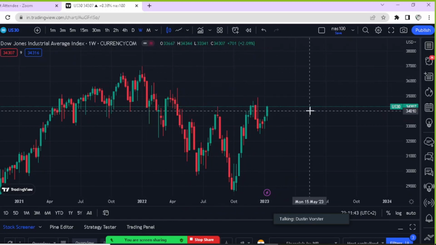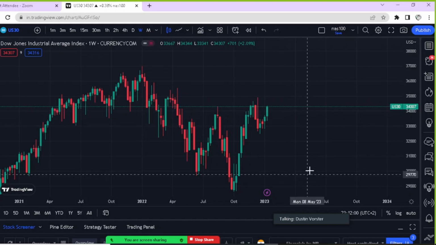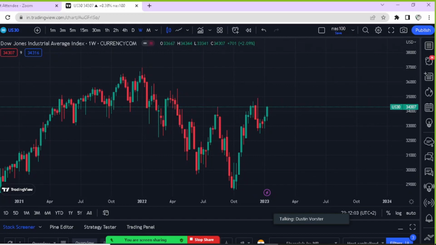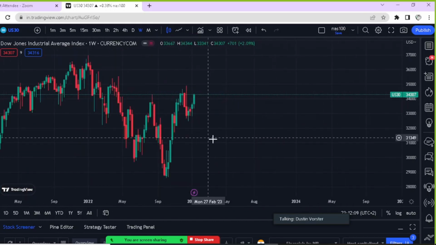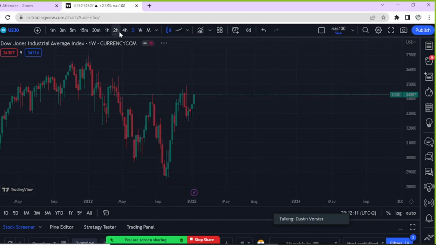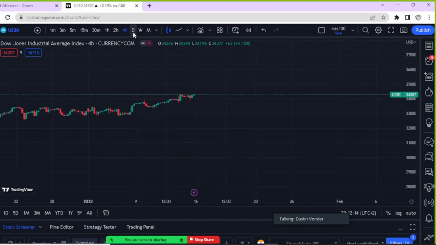But because of all the stimulus that has been pumped into the US, and the future rate hike as foreseen, or global recession talks, we could see price printing lower lows to the downside. We'll see what happens there, but that is pretty much it.